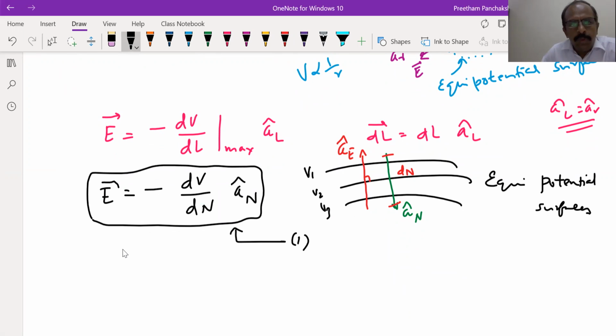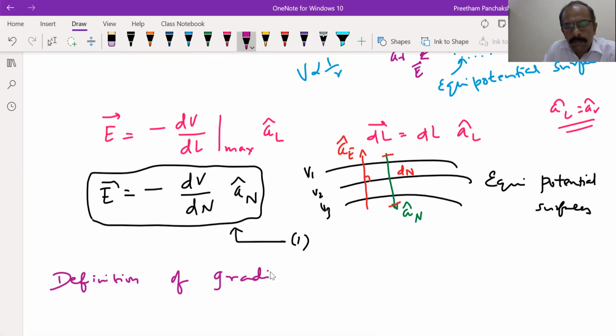Next, I would like to use one of the equations from mathematics, that is the definition of gradient of a scalar.